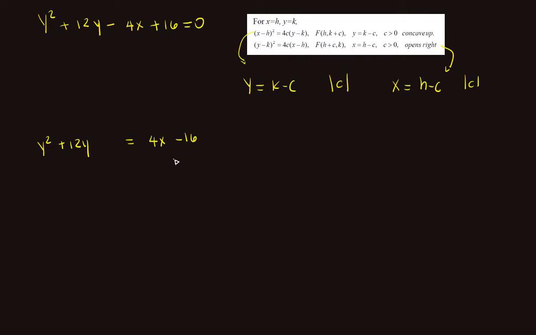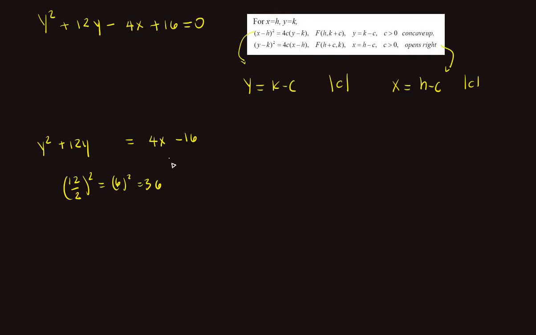Now we're going to do the same process as when we complete the square. We take 12, divide it by 2, and square it. So it's 6 squared, which is 36. We add 36 here and 36 here, because we want this to look like the expression x minus h squared equals 4c times y minus k.